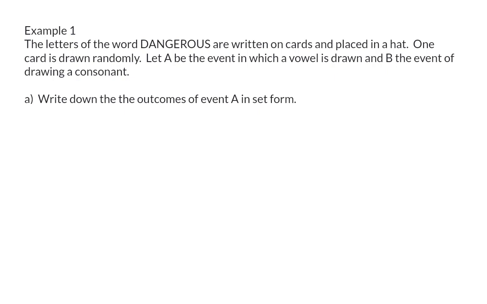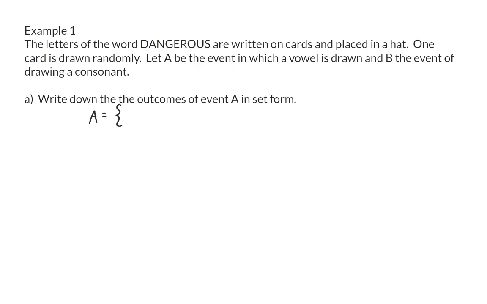Example 1. The letters of the word dangerous are written on cards and placed in a hat. One card is drawn randomly. Let A be the event in which a vowel is drawn and B the event of drawing a consonant. Question A. Write down the outcomes of event A in set form. When writing down a set or a list, in this case for event A, you make use of curly brackets.